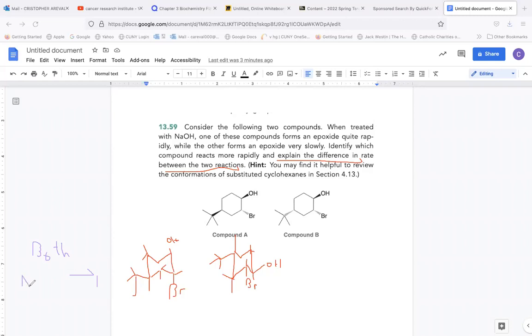Both axial. The main ones we care about are the OH and the Br. And here they're both equatorial. Therefore, more stable.